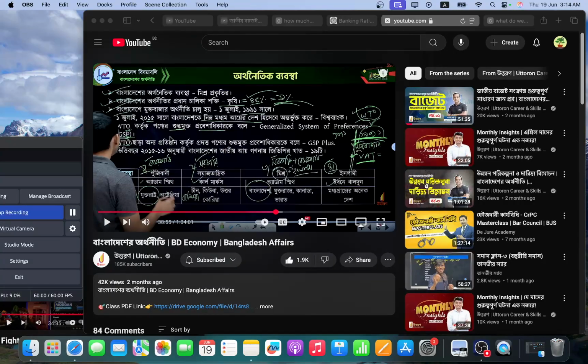Okay, there are some things about least developed country status for Bangladesh, and he will get into it later, so I'm going to wait for that. There are some talks about how the duty-free treatment of goods by the WTO is called the Generalized System of Preferences, GSP, and GSP Plus is for the European Union.